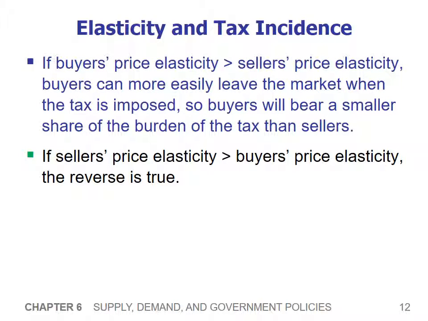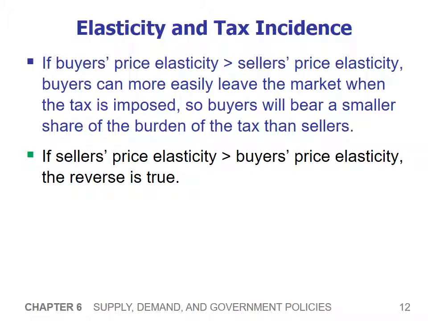The bottom line for studying the impact or the incidence of tax is this: if the demand curve is more elastic than the supply curve, this means that the buyers can respond fairly quickly to a change in price than the sellers can.